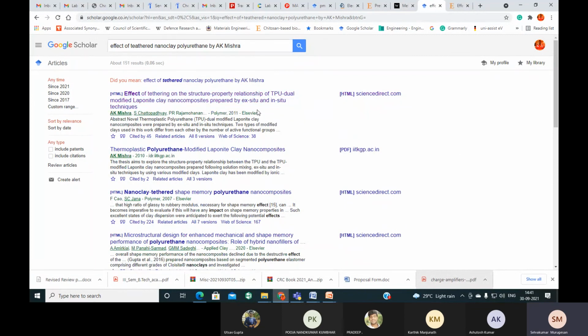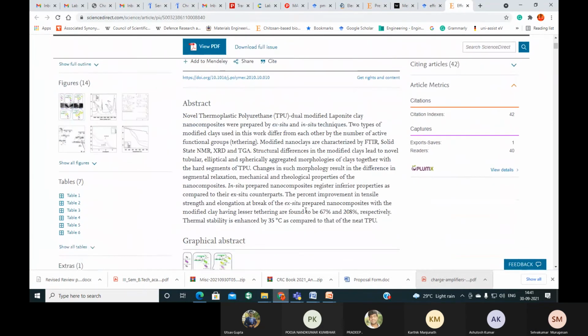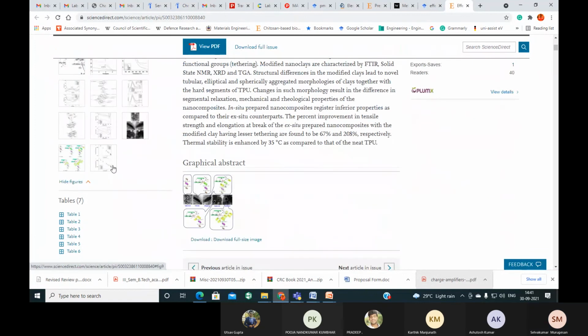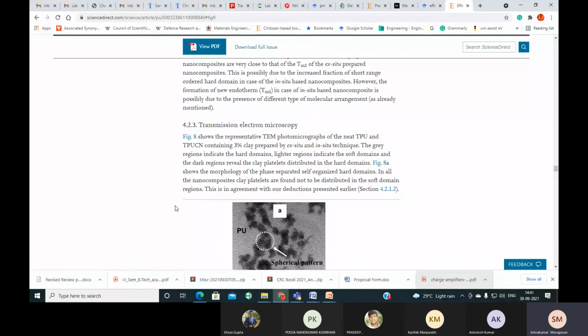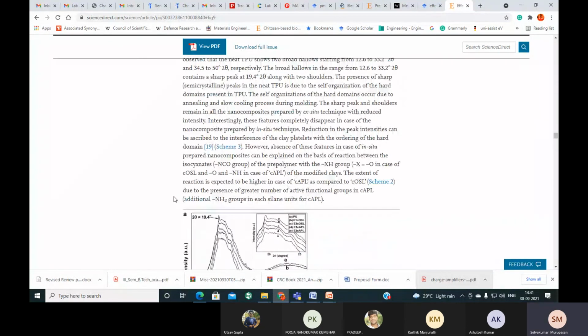They compared everything, in situ and melt mixing, everything. They have studied the mechanical properties as well. All these things you can read here, and they have also given their reasons, like what exactly is playing a role here.